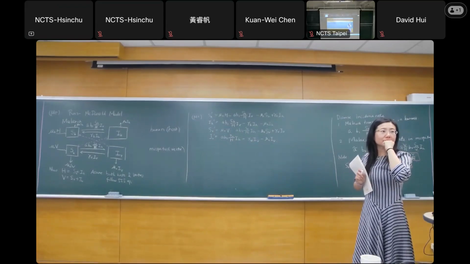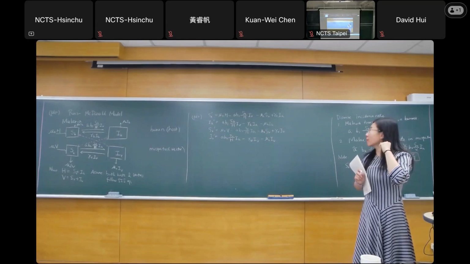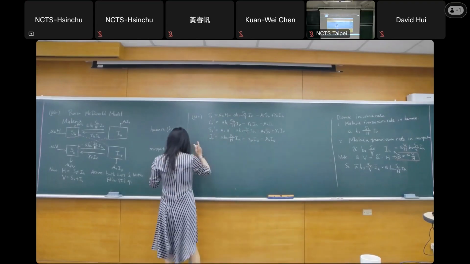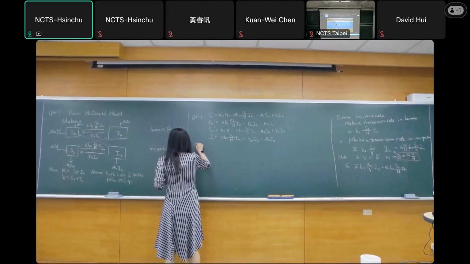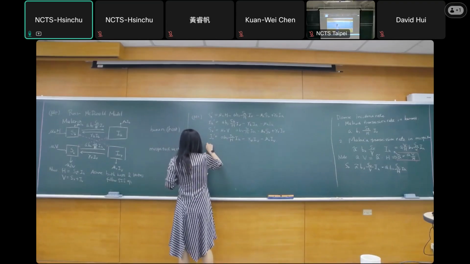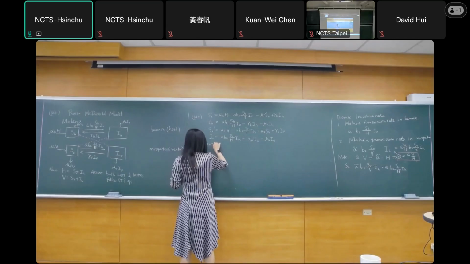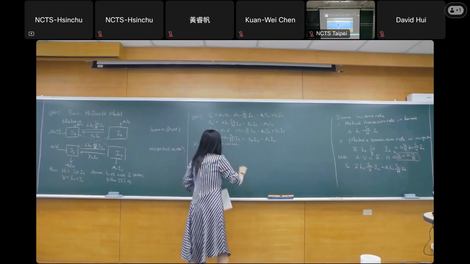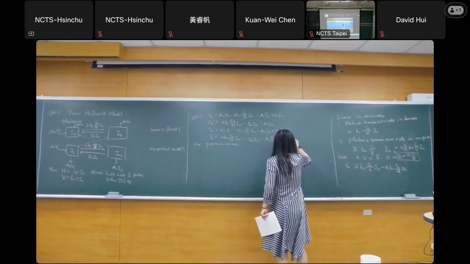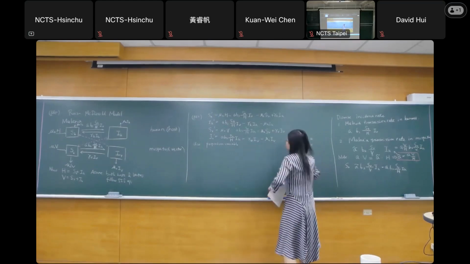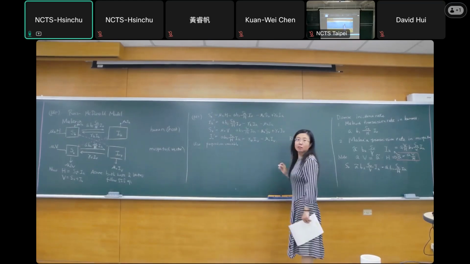是这样吗？好。现在第一件事情 we're going to do, I'm going to use the fraction variable or the proportion variable. Because what? So let's focus on the first two equations.